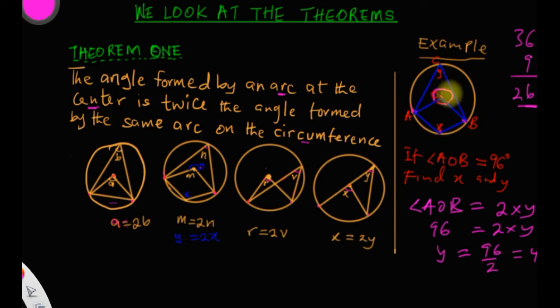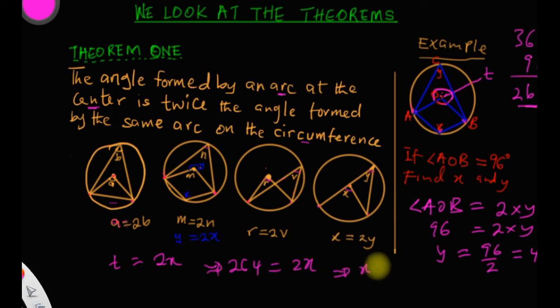So this angle is equal to twice S. Let's represent this major angle AOB by T. Going to the theorem, T is the angle formed by that arc at the center, and it is equal to 2 times the angle formed by the same arc on the circumference, which is S. So it will be 2S. It implies that T, which is 264, is equal to 2S.